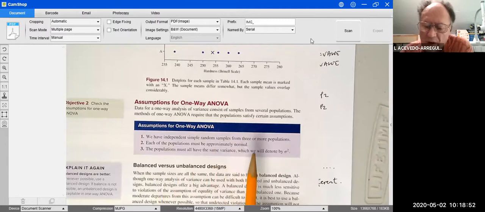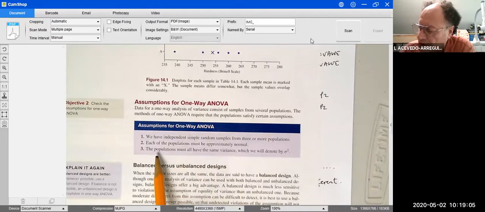We know now how to verify whether a sample is normally distributed, meaning that that sample is coming from a normally distributed population. And another assumption that we need to verify is that the populations must all have the same variance, which we will denote by sigma squared.